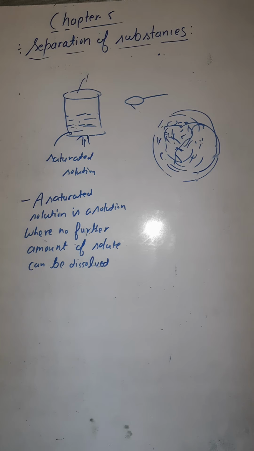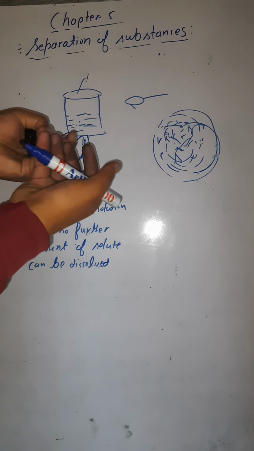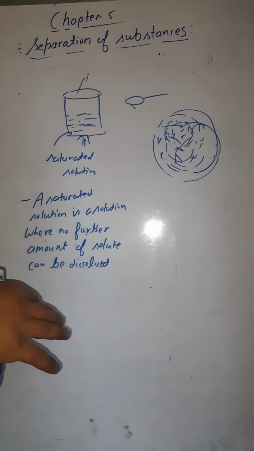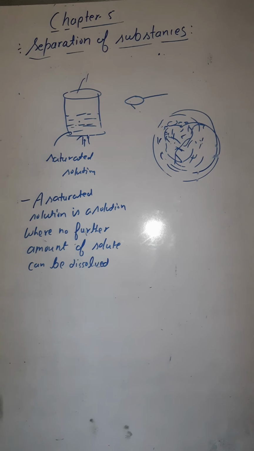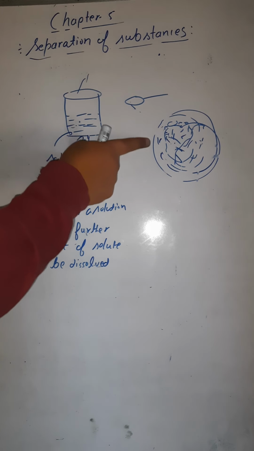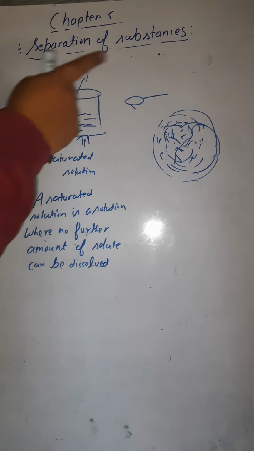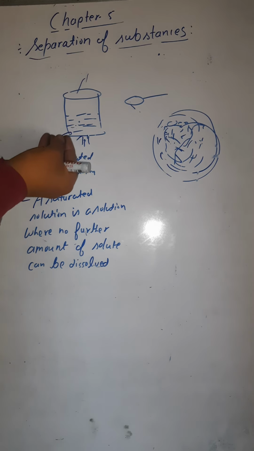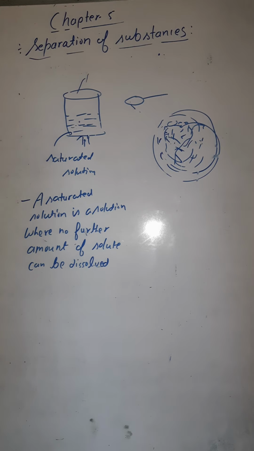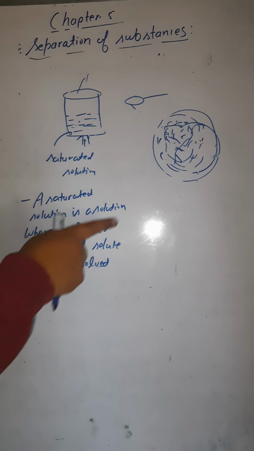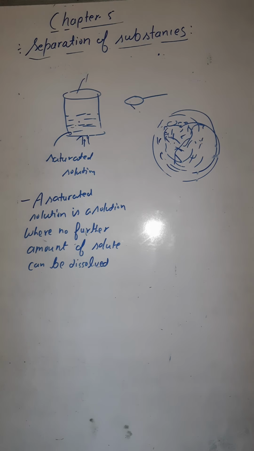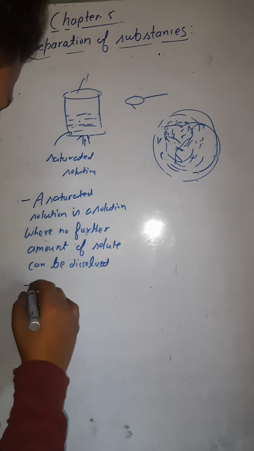How has this happened? This has happened because the water particles are far apart. They are far from each other. So more amount of sugar also can be dissolved there. Are you getting this? Yes. So if you want to dissolve a further amount of solute, further amount of sugar, you can dissolve it by the heating process. So heating process accentuates the saturation level.